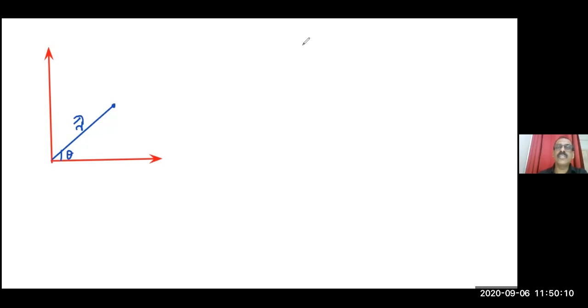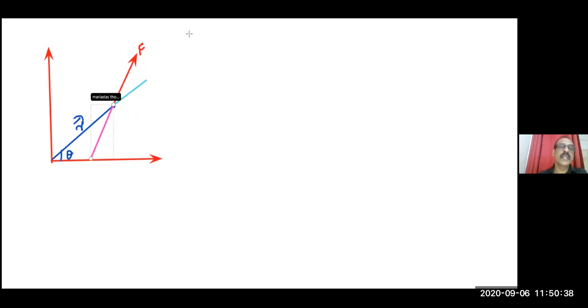This is force, at an angle F. This is all dotted line.